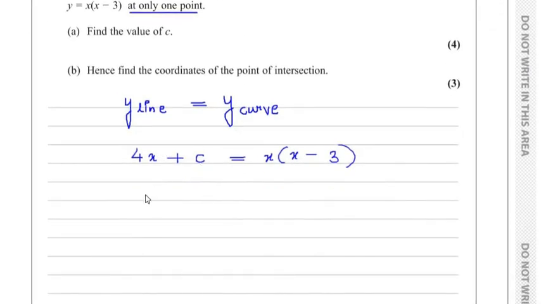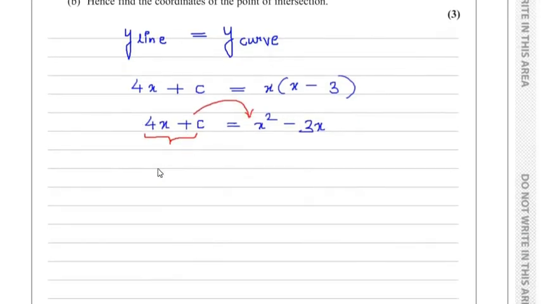I am going to simplify this by opening up the brackets, that is x square minus 3x. Now I am going to take the left hand side to the right hand side, so it becomes a proper quadratic expression: x square minus 3x minus 4x minus c is equal to 0. These are like terms, so we add them up and write minus 7x minus c is equal to 0.